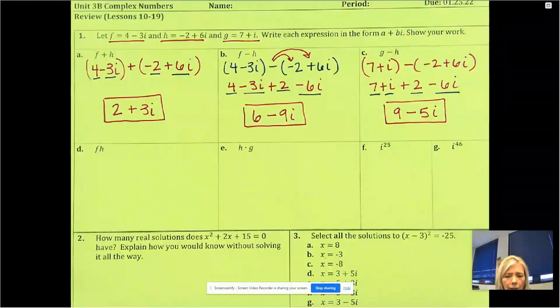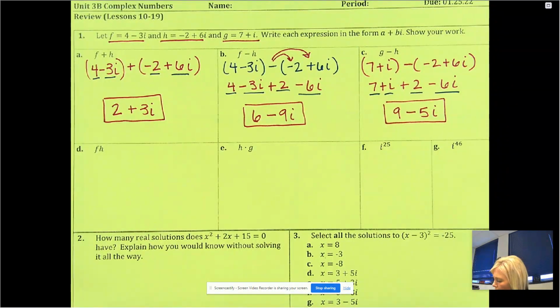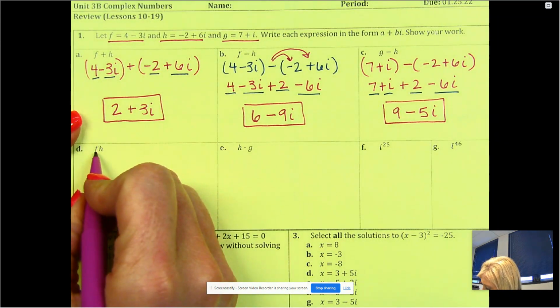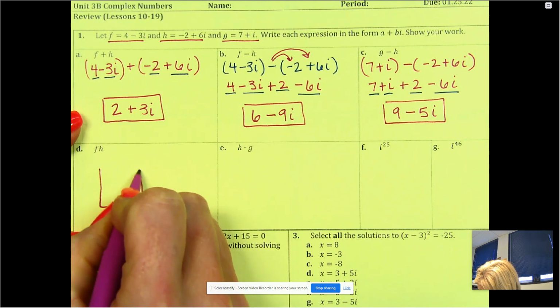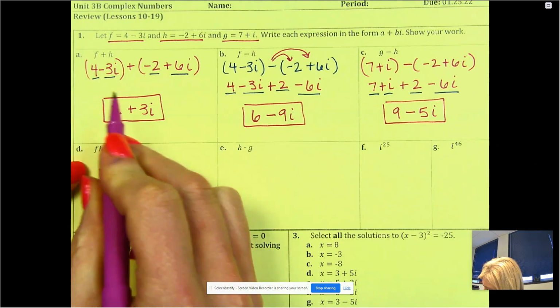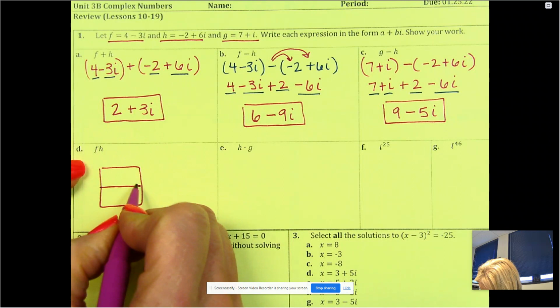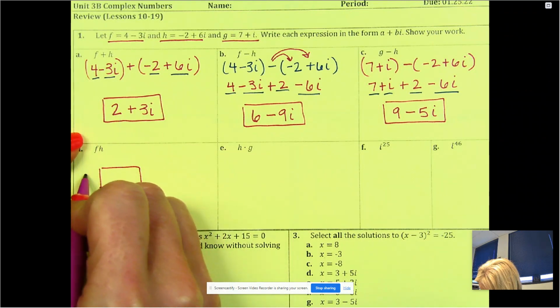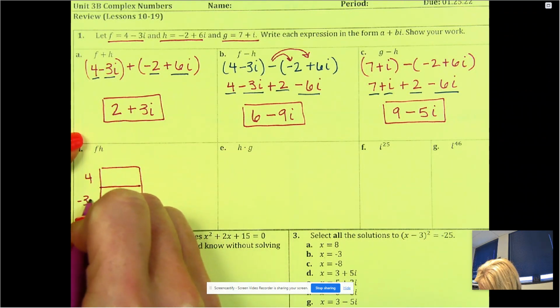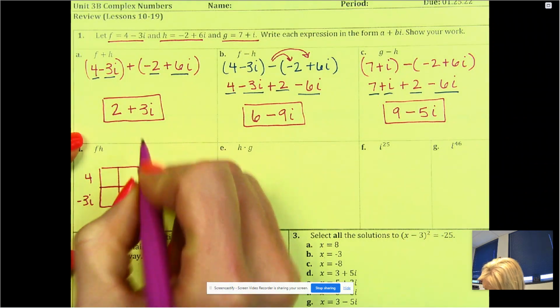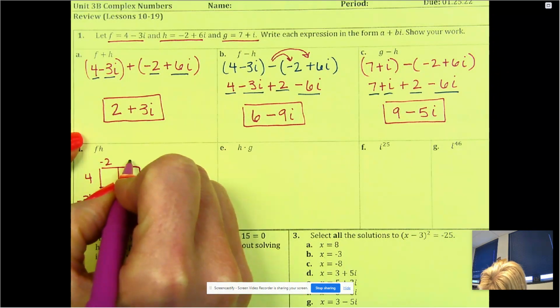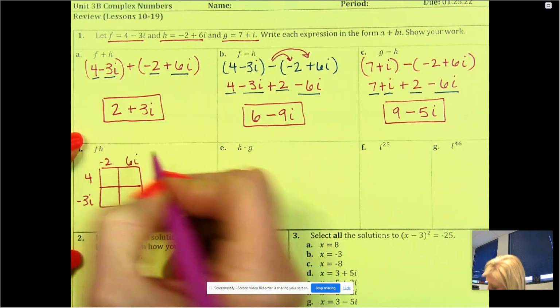Okay, D and E are both multiplication problems. I recommend using the box to multiply. So F times H is the first one. I'm going to put F down the side, so that's 4 minus 3i. And H on the top, which is negative 2 plus 6i.